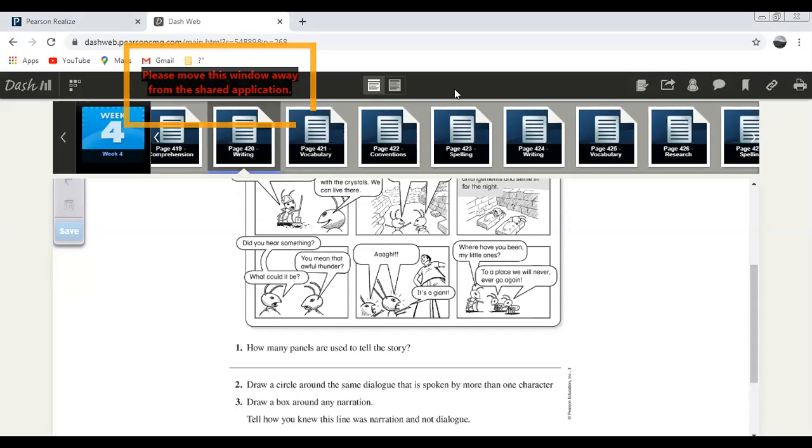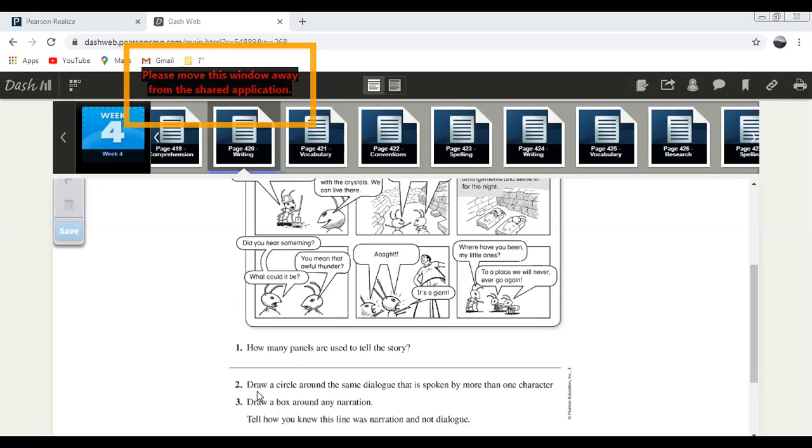Six, excellent. Six, let's count them. 1, 2, 3, 4, 5, 6. So the answer is 6. Right here on the line, 6, under number 1. Yes, excellent. Readers and writers.